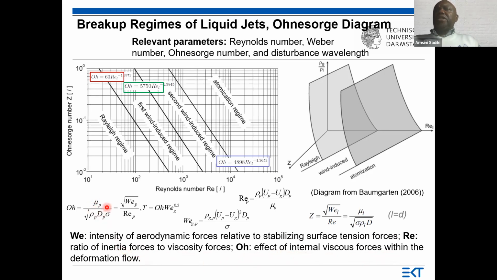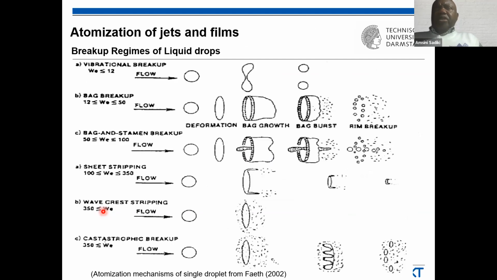So internal viscosity with respect to the deformation flow, which is due to the surface tension. So this led me to this breakup regime of liquid droplets.